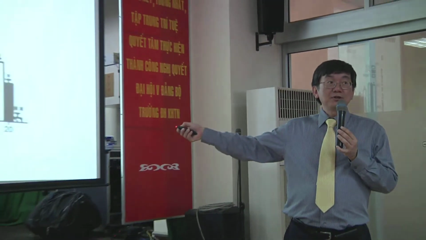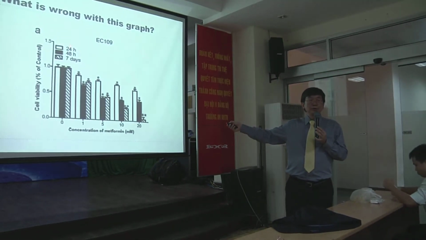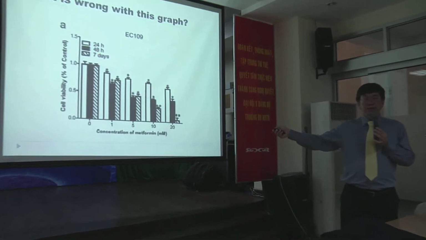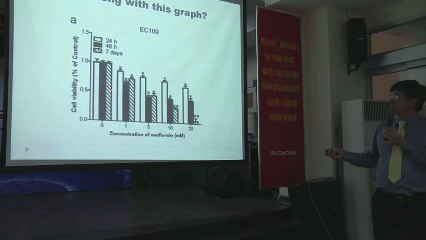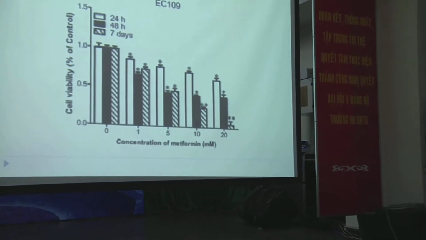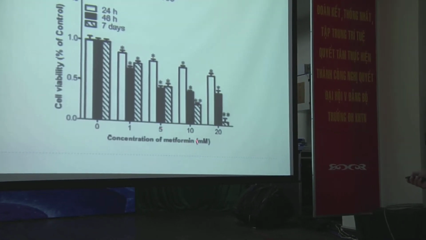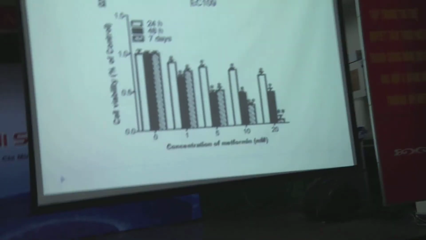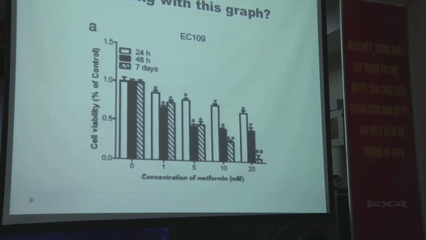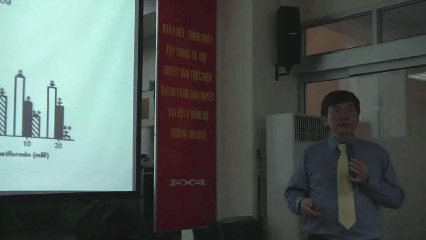Second thing, the author is also trying to convey the difference of the time, the duration of the treatment. So the conclusion that they're trying to make is that with this drug treating this particular cell line, there is a dose dependency as well as a time dependency.